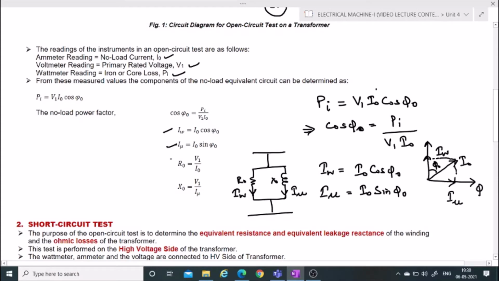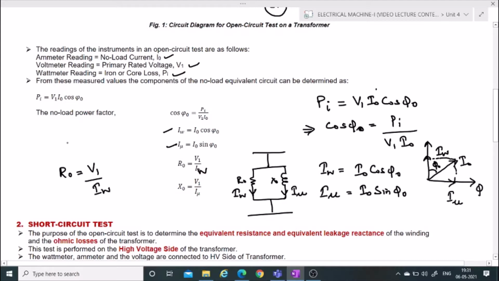Now from this I can also calculate the value of R naught. R naught can be calculated as V1, the supply voltage, divided by the current through R naught, which is IW. So R naught is V1 by IW.